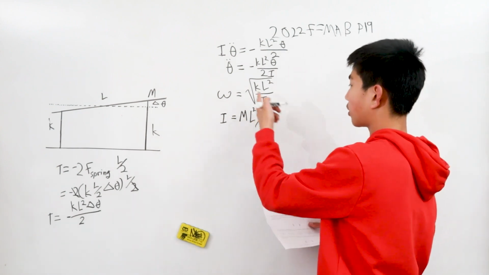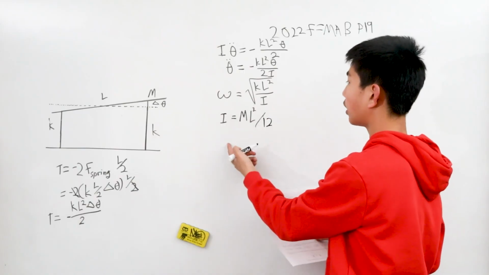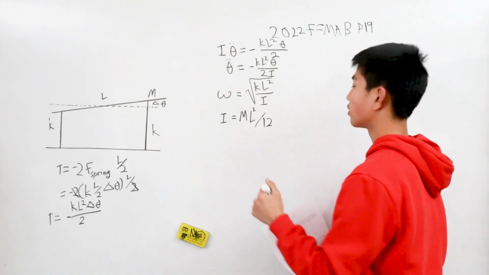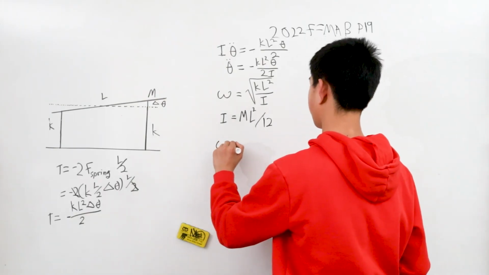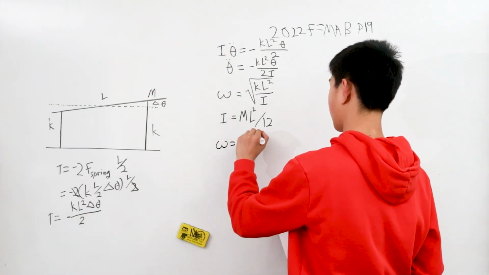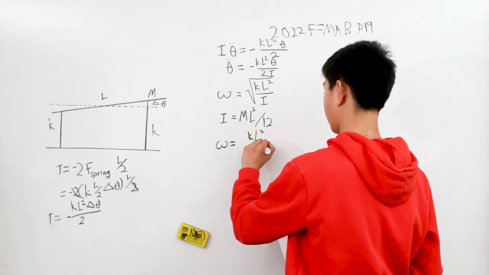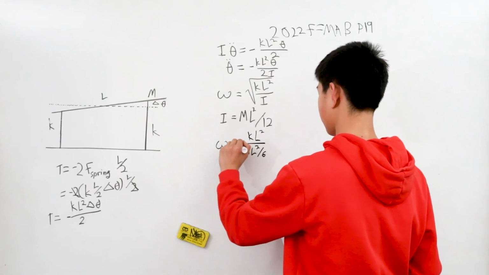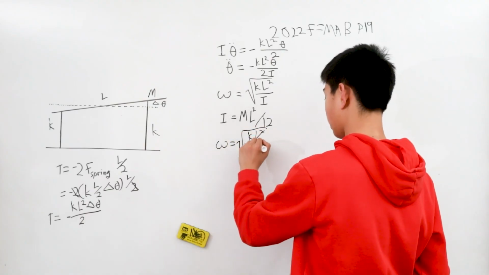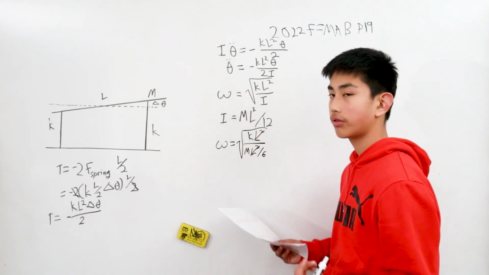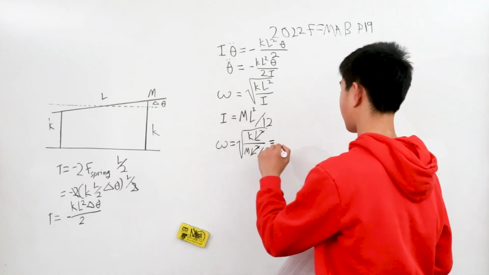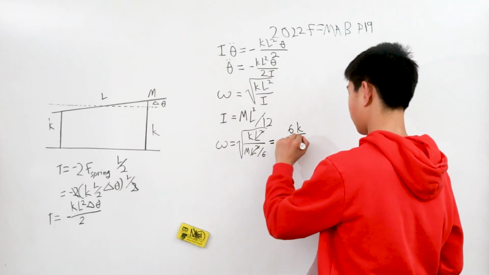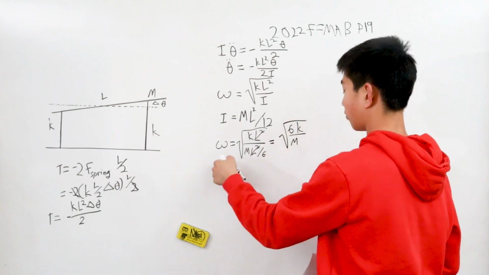But since this is the full rod and we're not considering half, we plug half of that in. So omega is equal to the square root of KL squared over ML squared over 6. These L's cancel out, and this simplifies to the square root of 6k over m. So we have found omega.